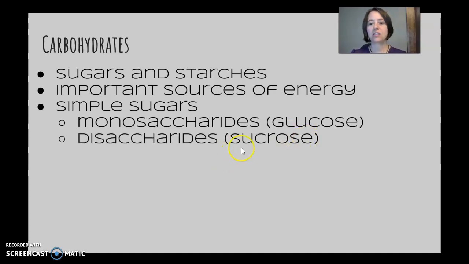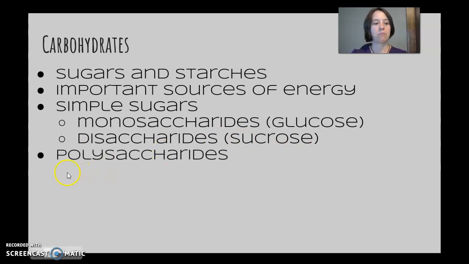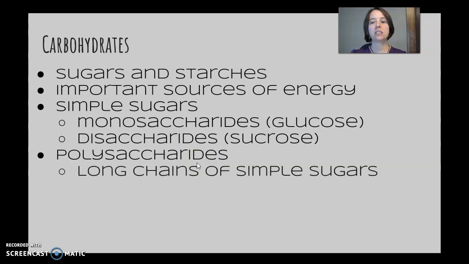Now sucrose is table sugar, so disaccharides, di is 2, so you have 2 sugars together that make that yummy table sugar, sucrose. So let's put a whole bunch of them together and you get polysaccharides, which are long chains of simple sugars.